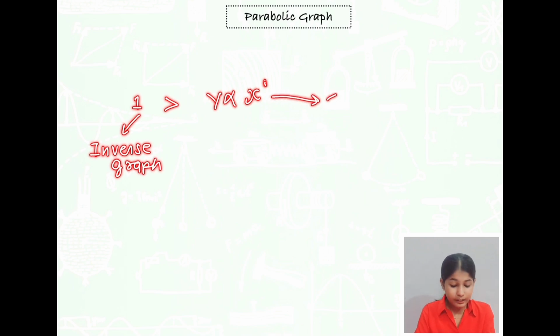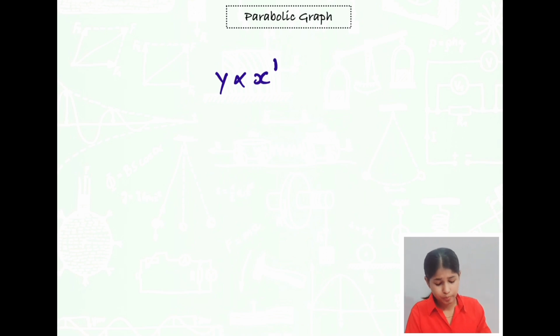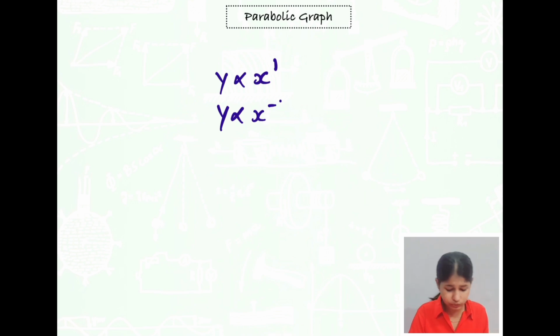Till now we have understood that if y is directly proportional to x with power 1 given, it is a straight line graph. If less than 1, like -1, -2, -3, so if -1 is given, you will use an inverse graph.